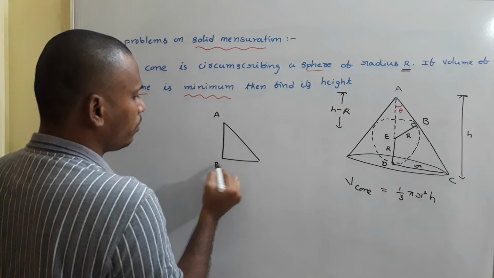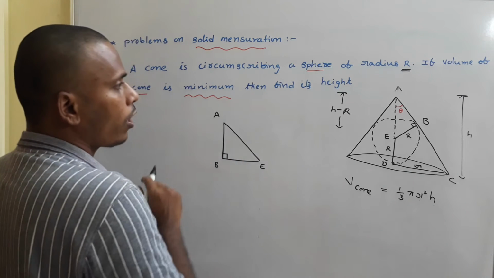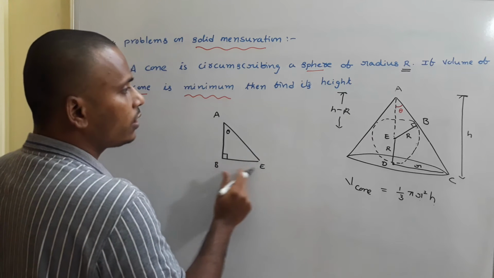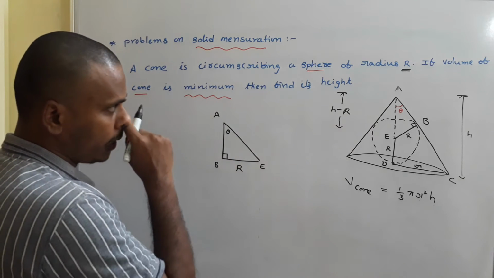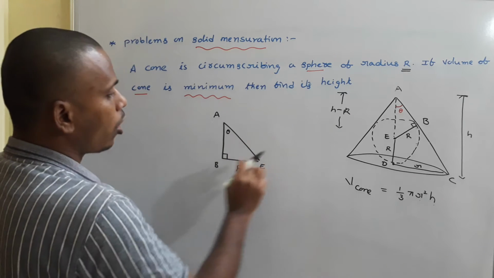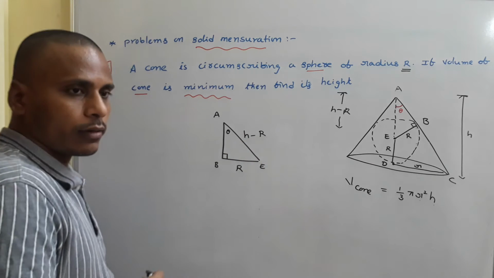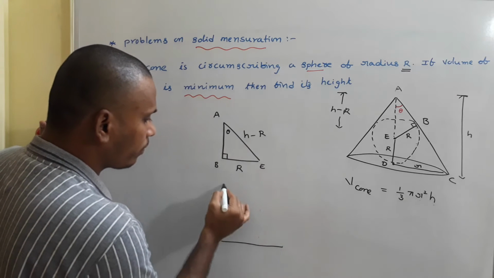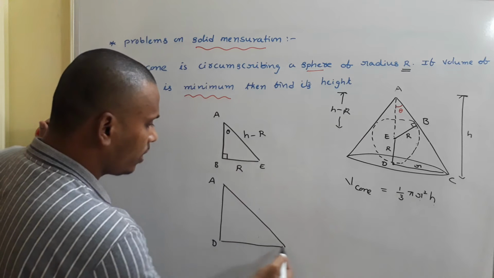In triangle ABE, at B we have 90 degrees, and at A we have theta. Opposite to theta, EB is the radius of the sphere, capital R, and AE, opposite to 90 degrees, is H minus capital R. Now think about the total right angle triangle ADC.